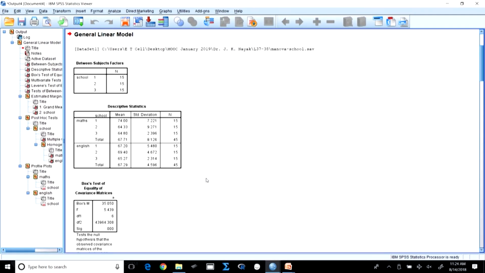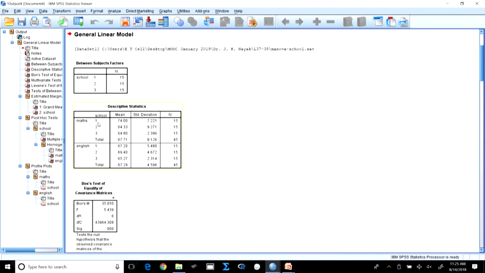So, I have 3 schools, 15, 15, 15 candidates each. The question is, should we have 15? I should have more, because there are 3 levels and I said beforehand that there should be 20 per cell, so at least 60, but I have only 15 each. This is not adequate, but understand that this is for a class, to run this SPSS tutorial I am showing you.